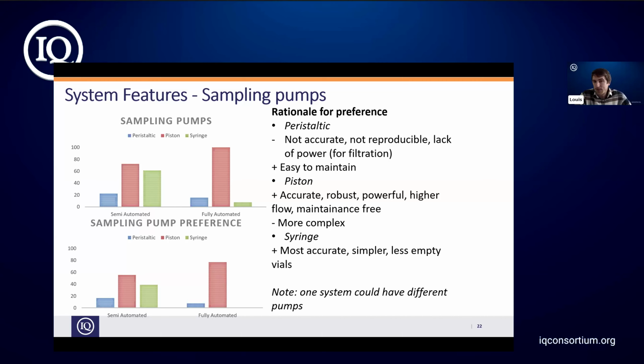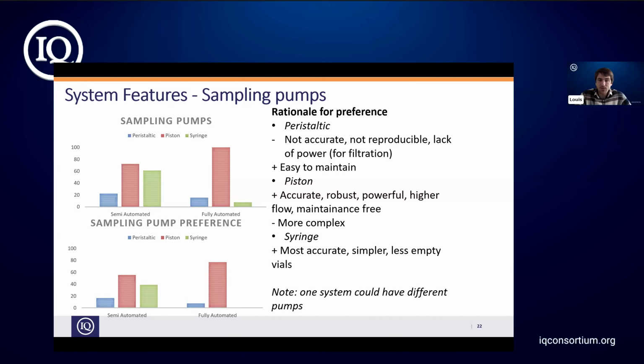And then if you look at the fully automated systems, the piston pump is dominating, and most systems do have a piston pump, with some minority with peristaltic and syringe pumps. Also important to consider here potentially is that people respond with the systems they currently have. Some of those systems might be very new, other systems might already be a bit older.